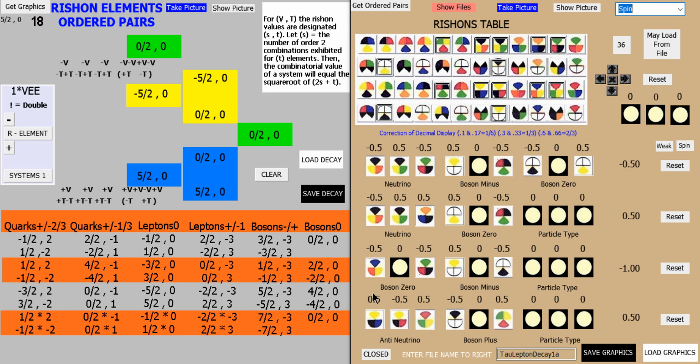Whereas for the vector W boson, the vector boson 0 now, its components will have minus 1/2 and minus 1/2, which will give a minus 1 spin. And the boson minus now will have on the respective components a minus and plus contributing 0, but the total spin for the vector W boson will be minus 1.